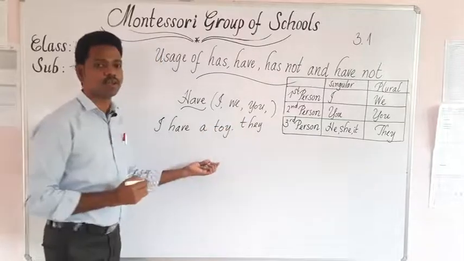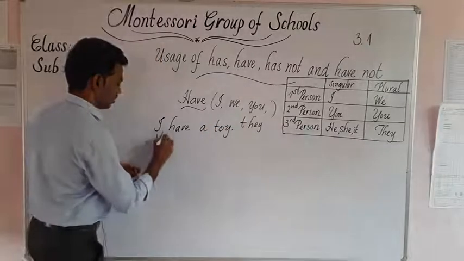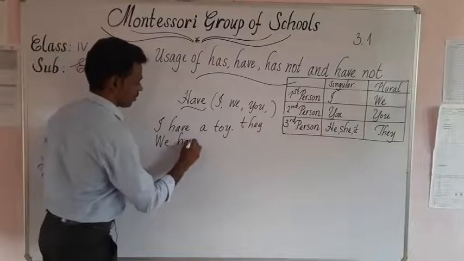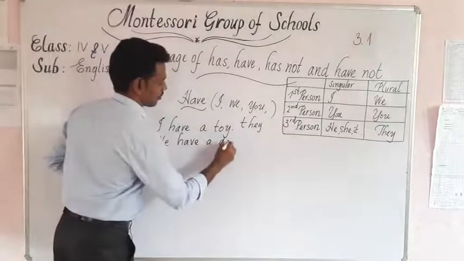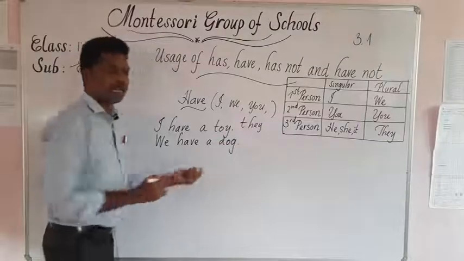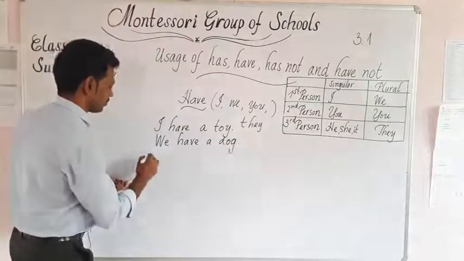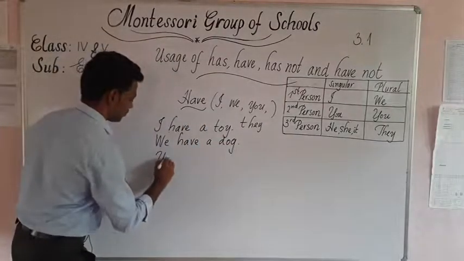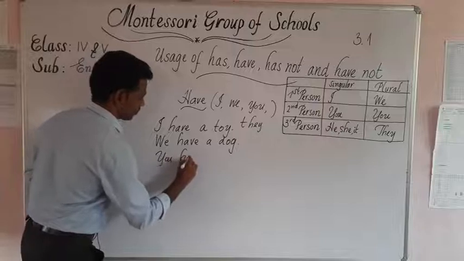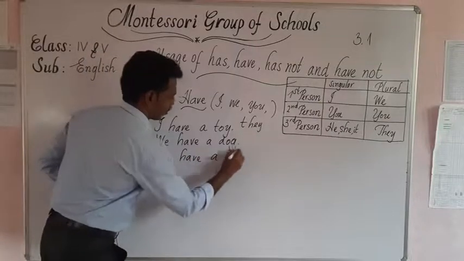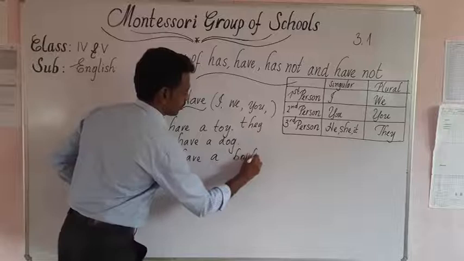I have a toy. We have a dog. You have a book.